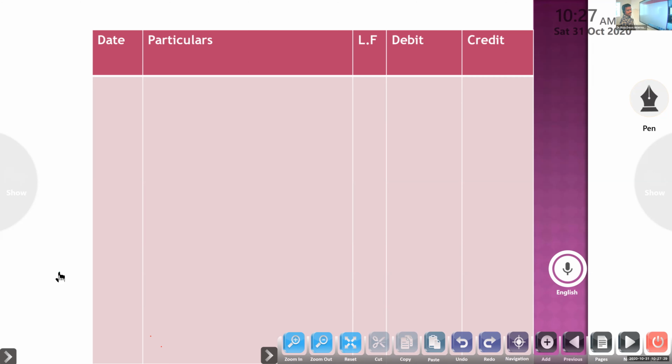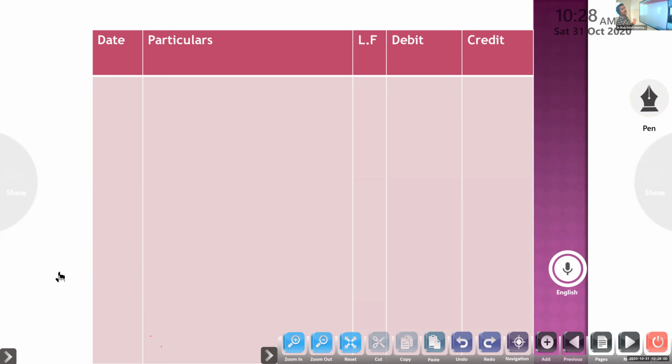10th one, rectify the following errors. Credit sales to Mohan were posted to Karan. Means correct we have to post in the Mohan, but we posted to Karan. So here you tell that Mohan is a debit or credit?